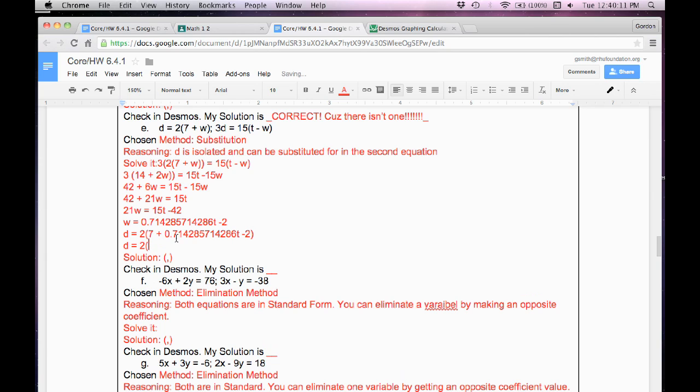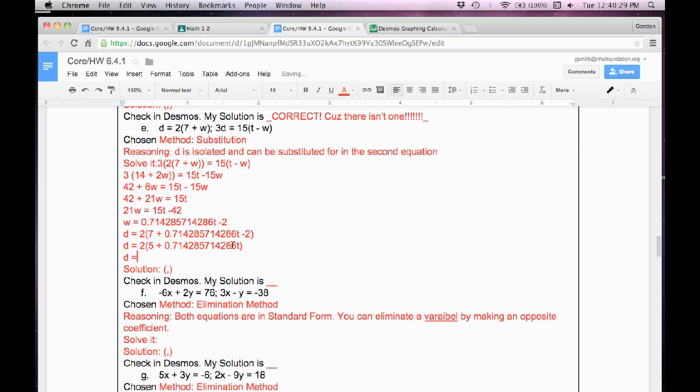All of this will make 5 plus this big old ugly number with a T in it. And then we'll multiply everything by 2. So D is equal to 10 plus, and then we'll just do 2 times this old ugly thing.